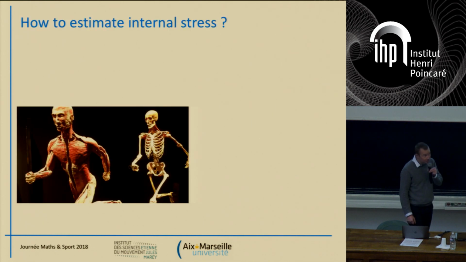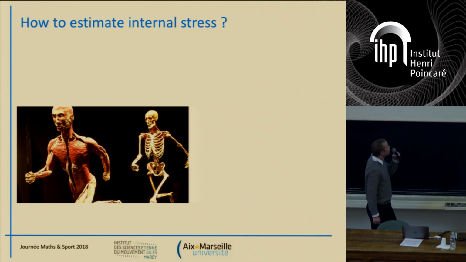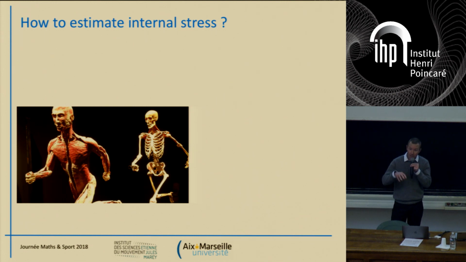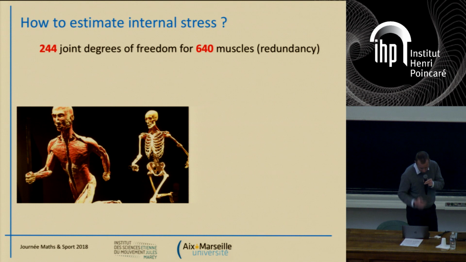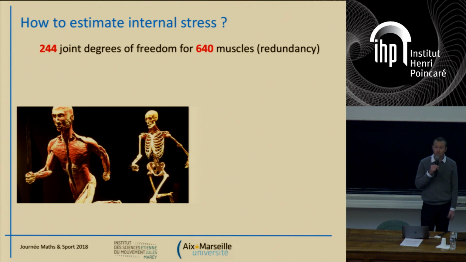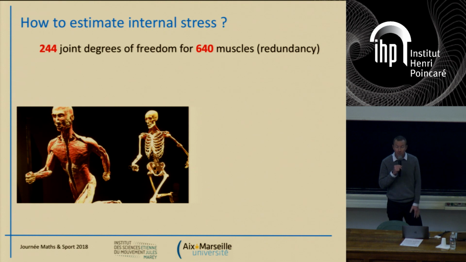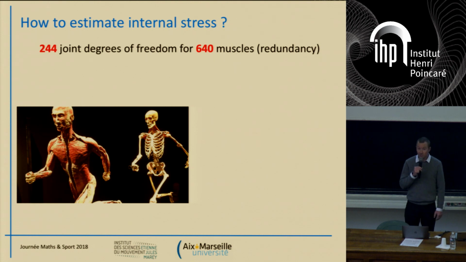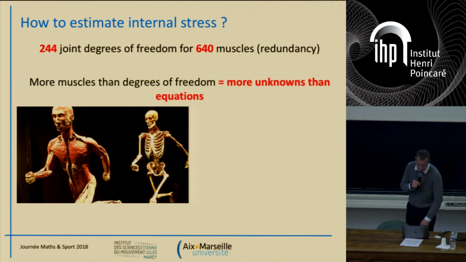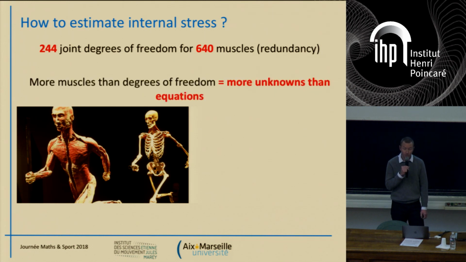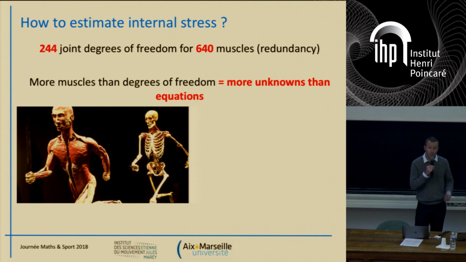Actually, that's the problem. If you look at the inside of a human body, you have several joints, more than 200. You have several muscles, more than 600. We call it redundancy. Basically, you have more muscles than degrees of freedom, meaning that you have more unknowns than equations.